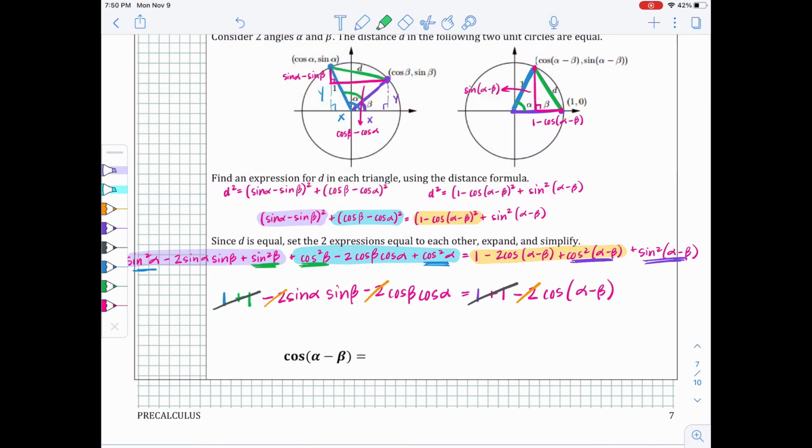If you look on your trigonometric cheat sheet, in the addition and subtraction formulas section you will have the cosine of alpha minus beta, and that's equal to the cosine of alpha times cosine of beta plus the sine of alpha times the sine of beta. You'll notice that after I rewrite it, I just rearrange some of my terms so that they match the same setup that's on your trig cheat sheet.